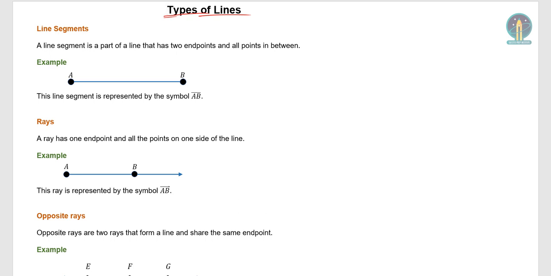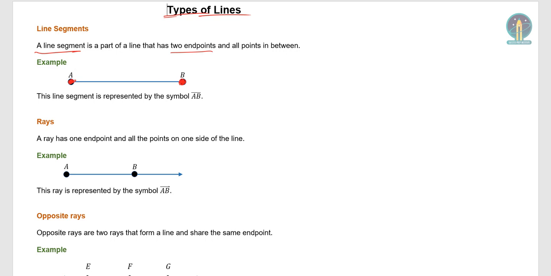Now, a simple type of line is a line segment, which is part of a line that has two endpoints and all points in between. So there are rigid start and end points, or you could say two endpoints. There's no concept of direction here.